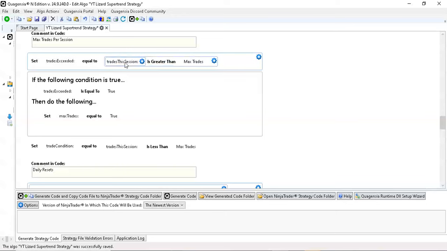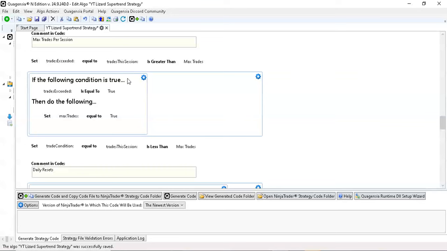Remember, this is a variable, it just holds the numbers. So if the trades this session exceed the max trades, the trades exceeded will be set to true. It's false now because it hasn't exceeded. But when it does exceed, it will be set to true, and if this is set to true, then the max trades will be hit, and this is also set to true.